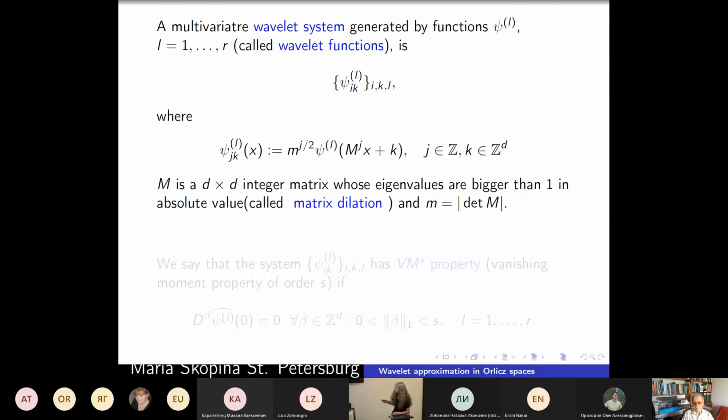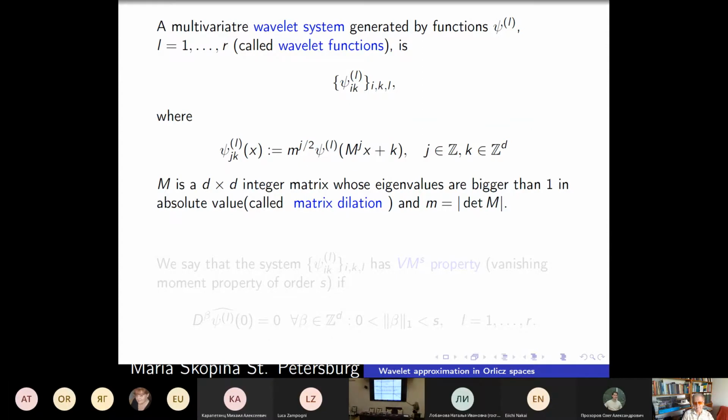What is a wavelet system, a multivariate wavelet system? A multivariate wavelet system is associated with the matrix M, which is called the dilation matrix. This matrix is such that all eigenvalues are strictly bigger than 1, and small m is the absolute value of the determinant.